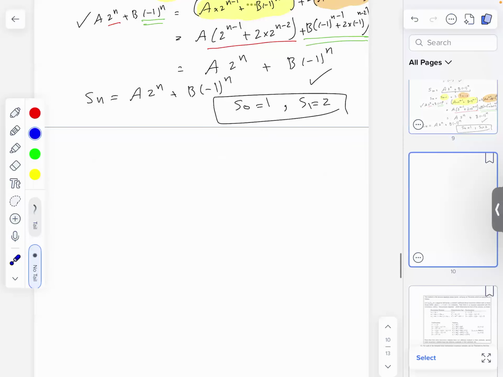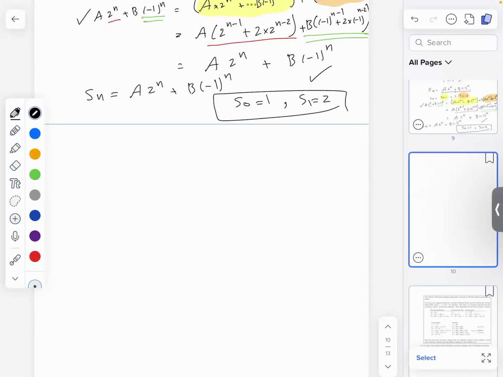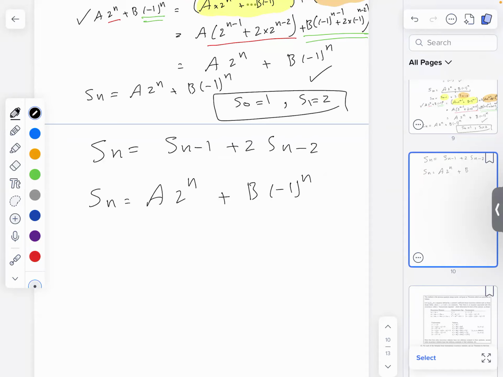So for Sn minus 1 plus 2, to summarize this guy, we solved this one. The general solution will be A times 2 power n plus B times minus 1 power n.